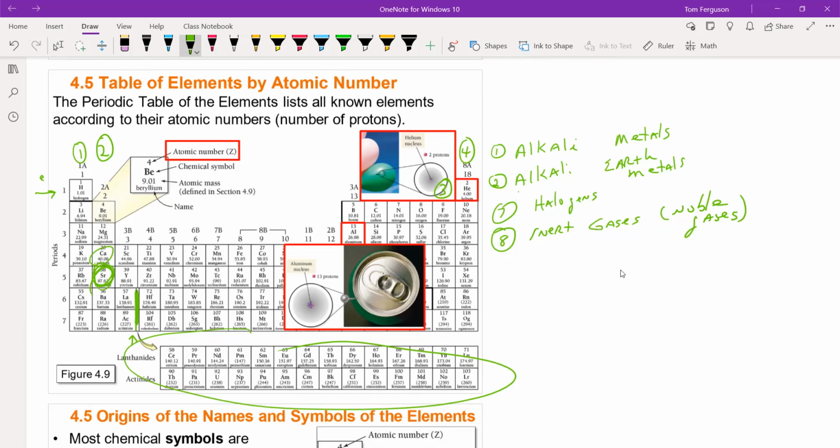Now, I talked about stability a little while ago and last week. Stability rules the universe. There's only one group of elements on this periodic table that's naturally stable, and that's the noble gases. Everything else is unstable in its natural form.